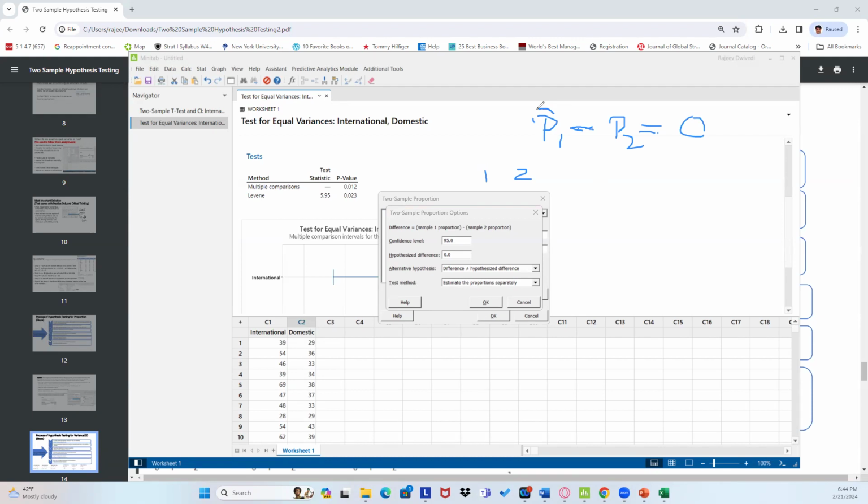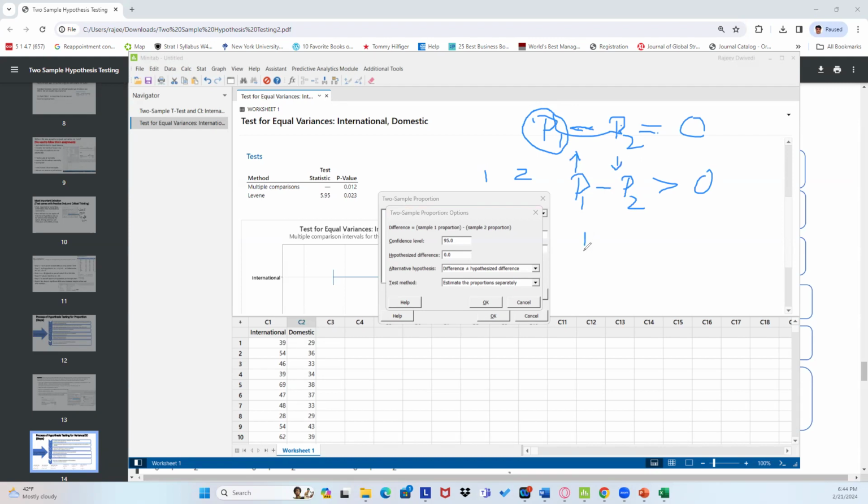But if proportion 1 is higher and proportion 2 is lesser, then the difference will be greater than 0, because this is higher and this is lower.